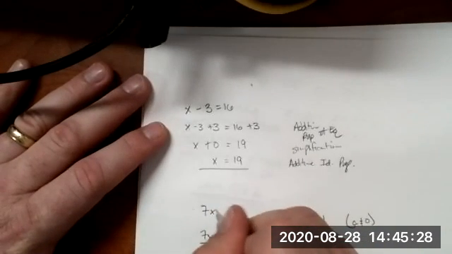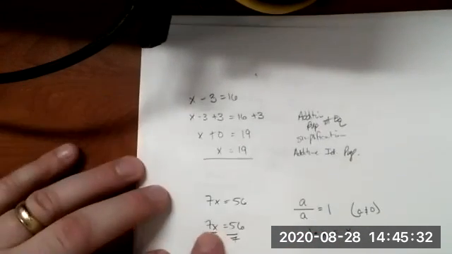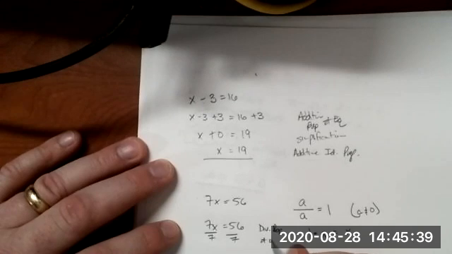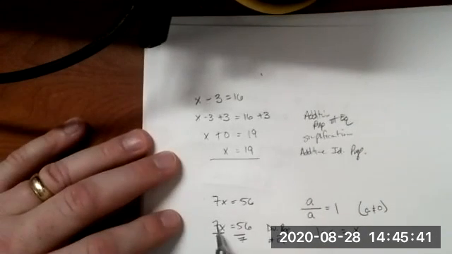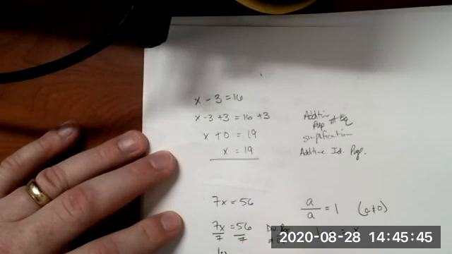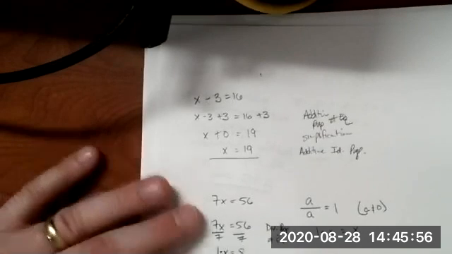Okay, so sorry, I like to rewrite it so that you have the initial problem. So that's the initial problem. I rewrote it. Divide by 7. This is called the division property of equality. 7 divided by 7 is 1, and 1 times x is x. 56 divided by 7 is 8.